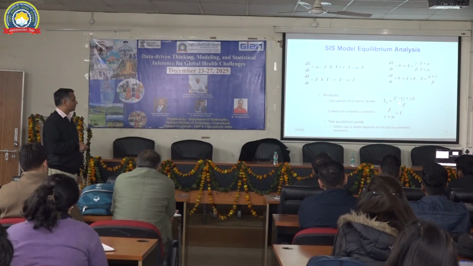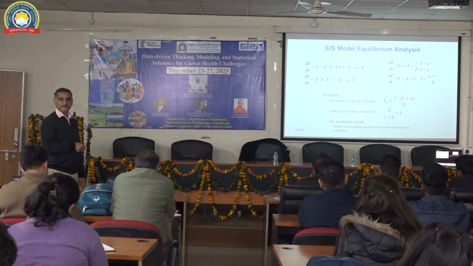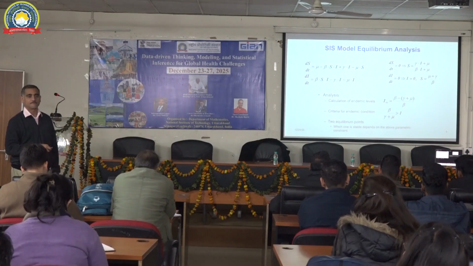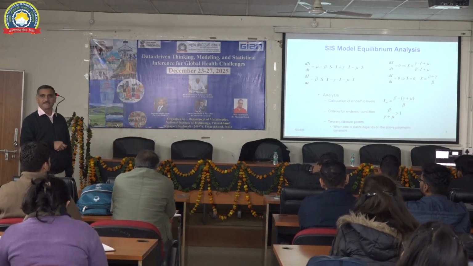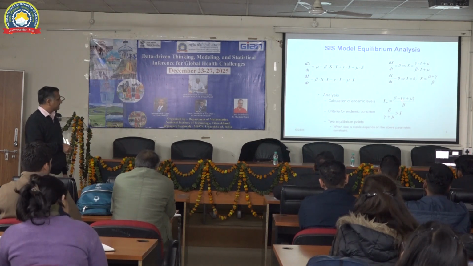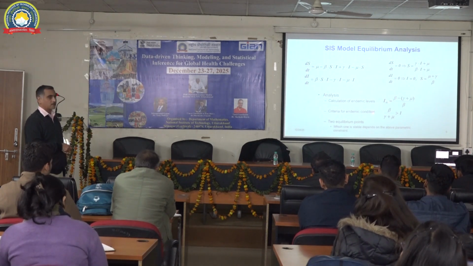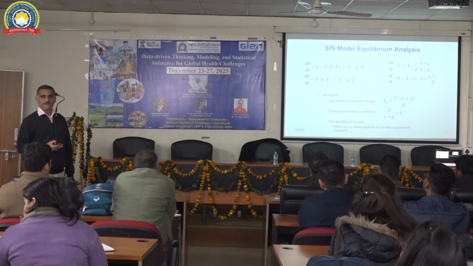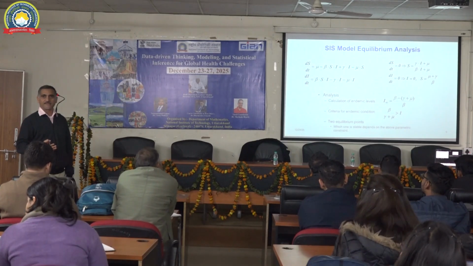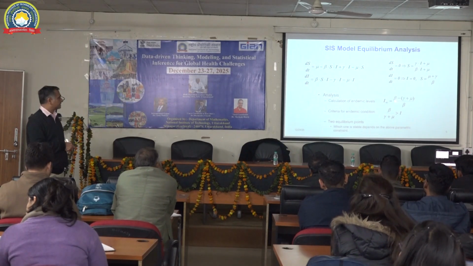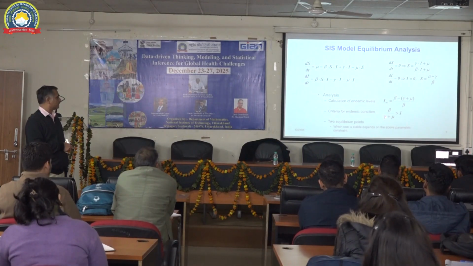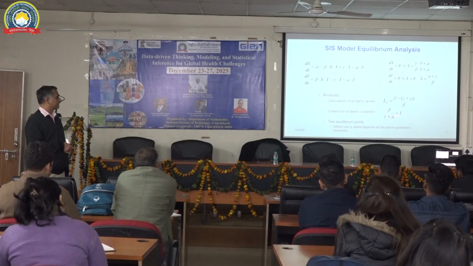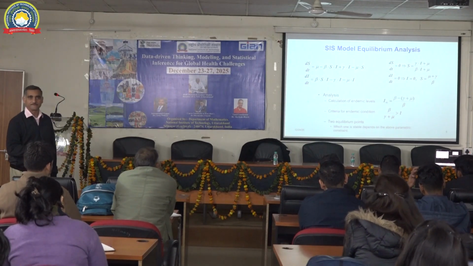Right? So, does this solution always exist? Check the existence. Because we are talking about disease, the number of cases cannot be negative. So this has to be positive. So beta has to be greater than this thing in order for this endemic state to exist.